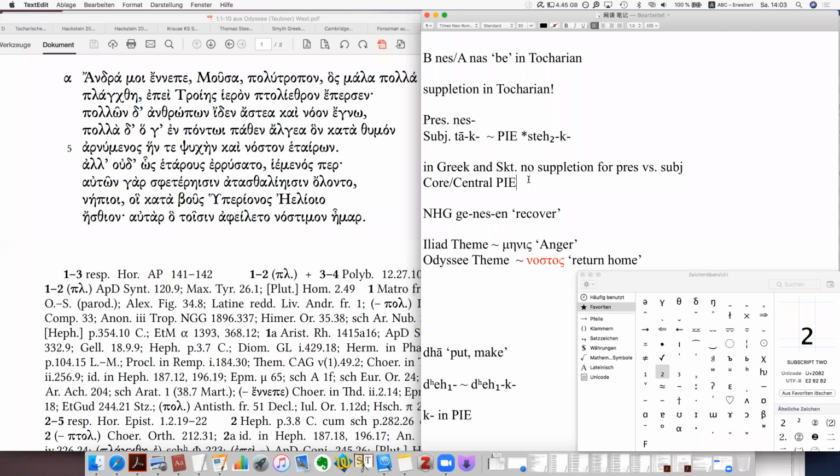But after this discovery of Anatolian, Hittite and Tocharian languages, the beautifully built, reconstructed system of PIE was a little bit shaken. So the system reconstructed from Greek and Sanskrit, we can call central PIE or core PIE. This is okay.